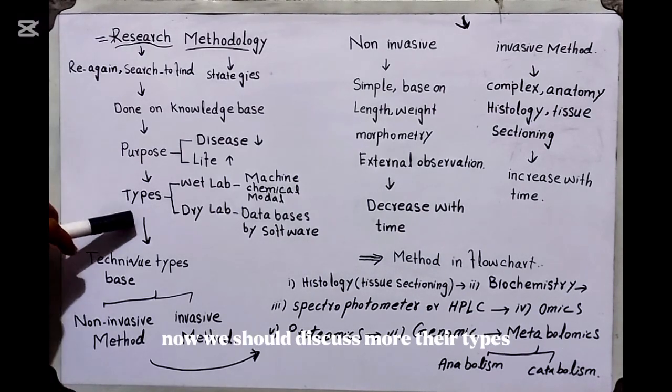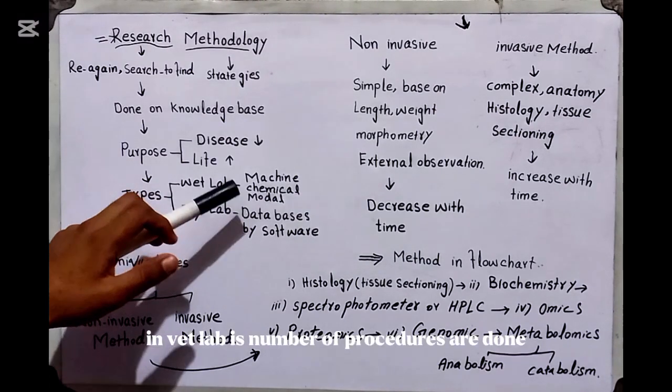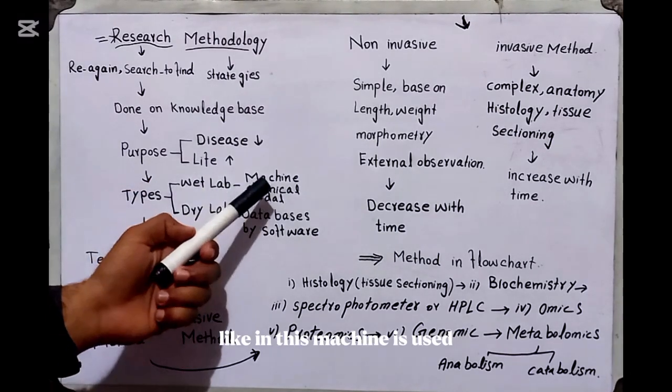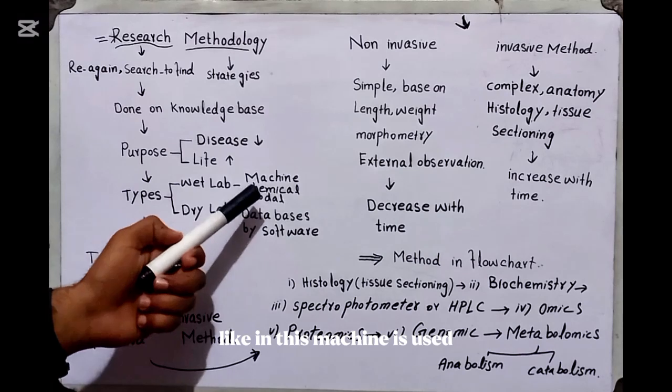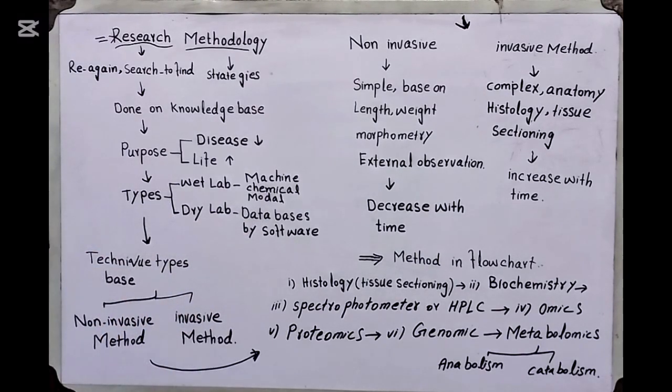Now we should discuss their types. There are two types, wet lab and dry lab. Wet lab is the kind of lab where a number of procedures are done, like machines are used, chemicals are used, then models are used.